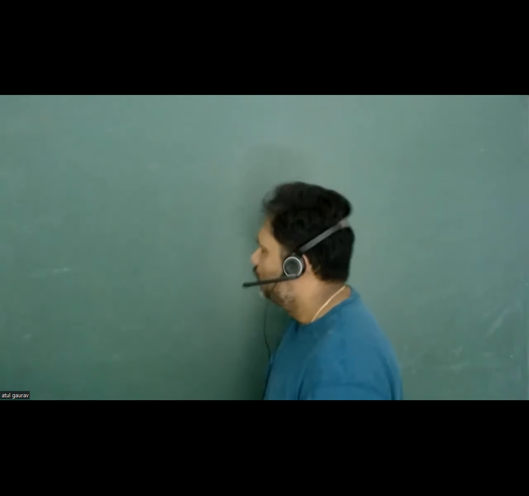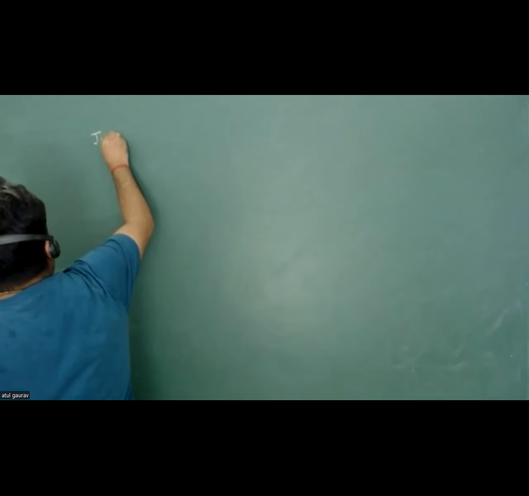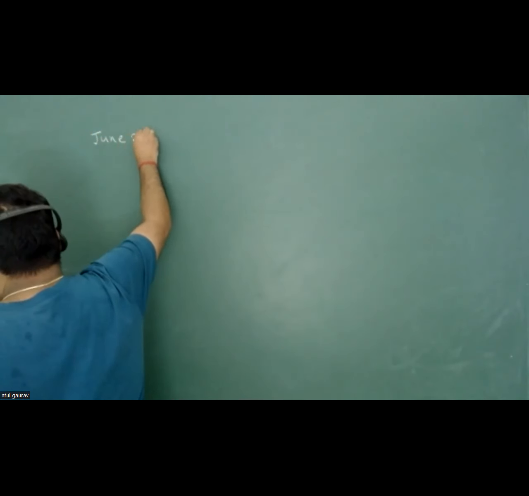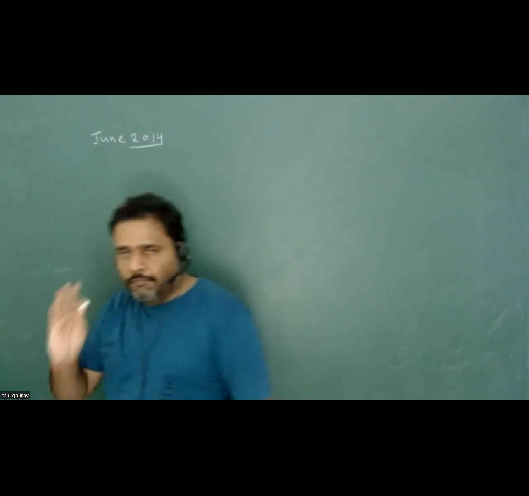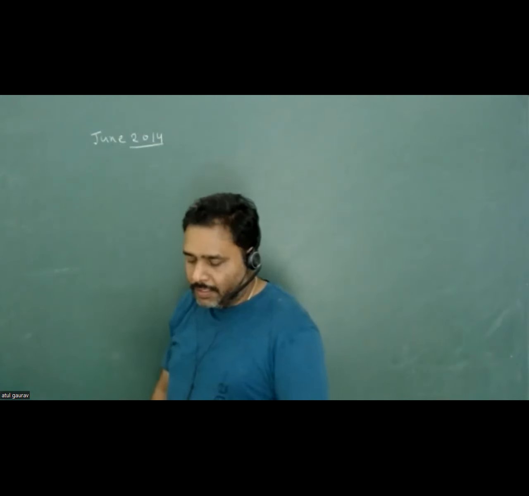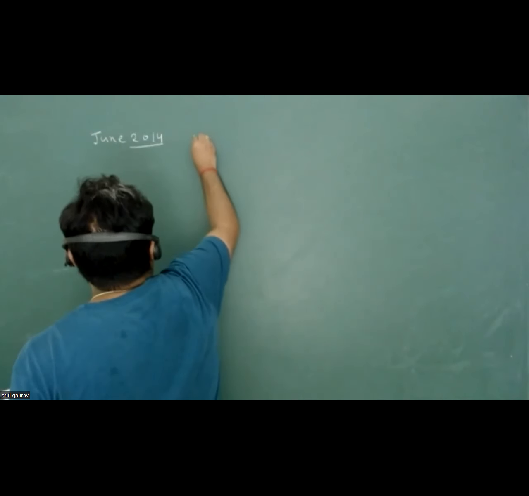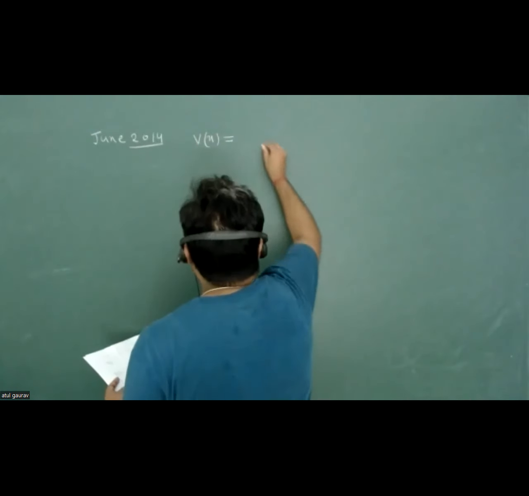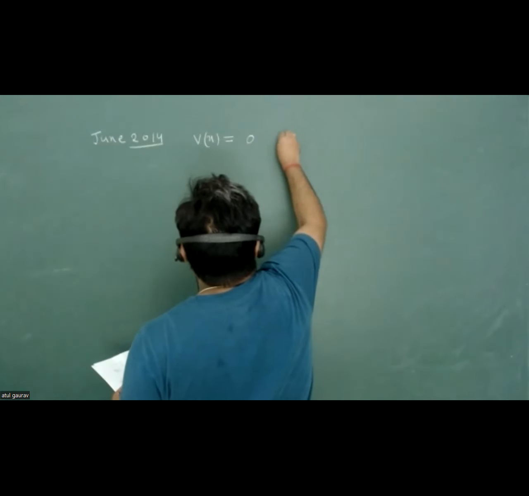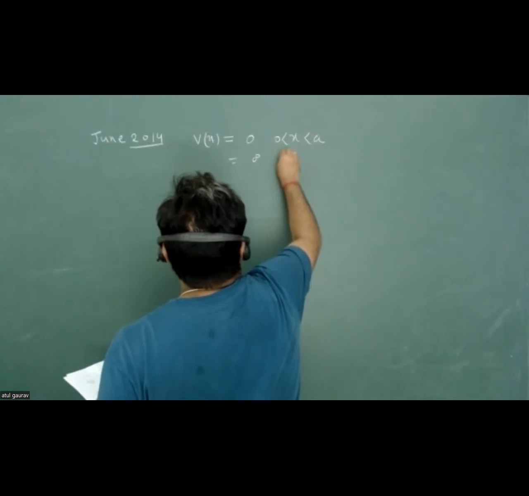Now this question came in June 2014. So at that time a good question came in the exam, and again your particle is confined in a box, and the potential is given: V(x) equals 0 for x between 0 and a, and infinity otherwise.